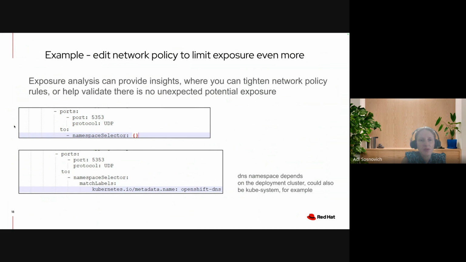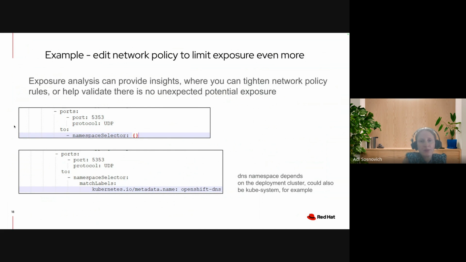So in this example, I can edit the rule of those YAML of the network policy that we generated earlier to be more tight. In this example, I add this rule to namespace selector to restrict it only to the OpenShift DNS, because this rule is meant to allow only the DNS traffic.